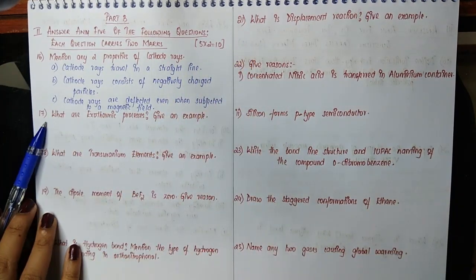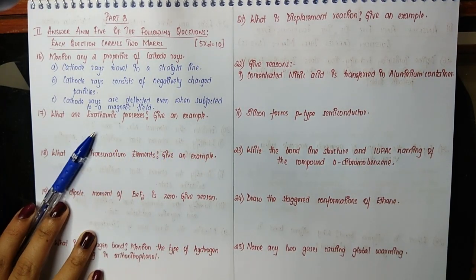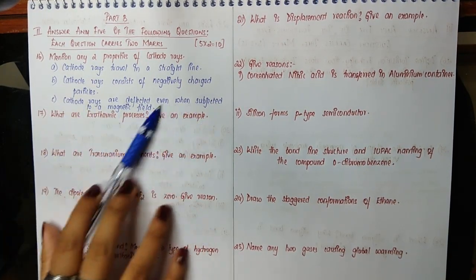Now next, the question number 17 is what are exothermic processes? Give an example. So 1 mark for the definition, 1 mark for the example.